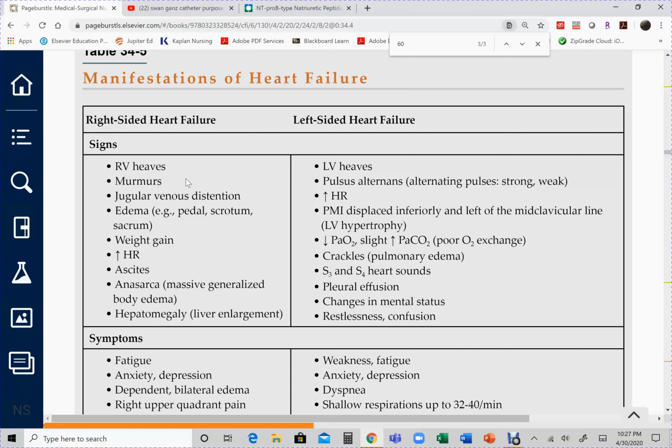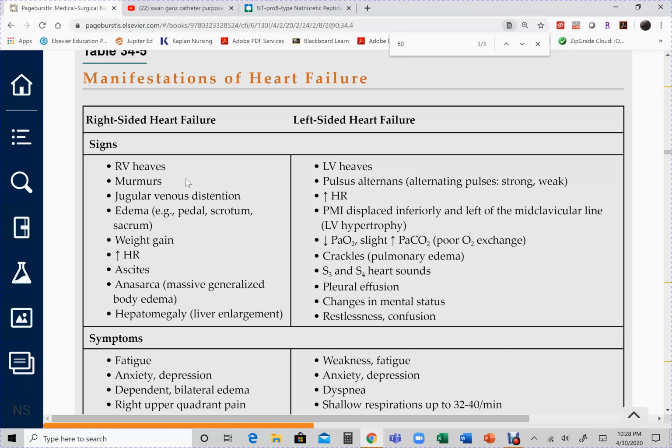We'll have murmurs because, with the congestion, the valves, particularly the tricuspid and the pulmonic valve, may no longer close completely. As a result, some blood will leak back into the previous chamber, in this instance the right atrium, every time the right ventricle contracts, and that will produce, instead of a lub-dub, a murmur.